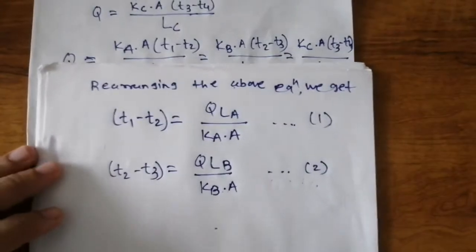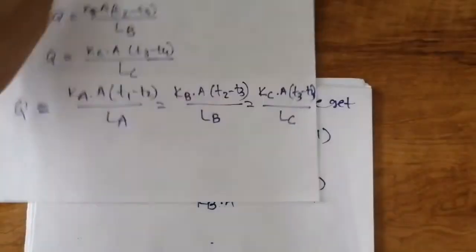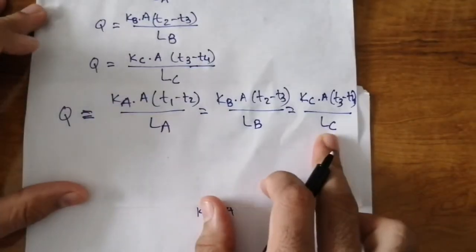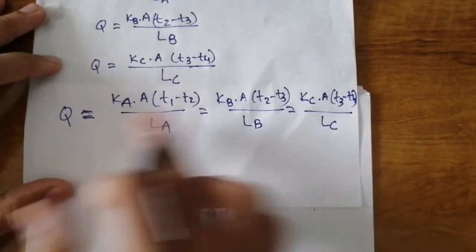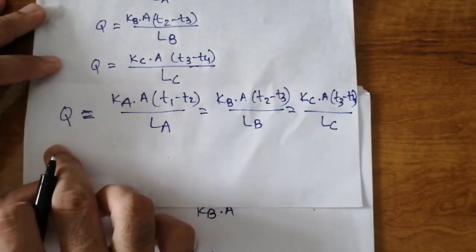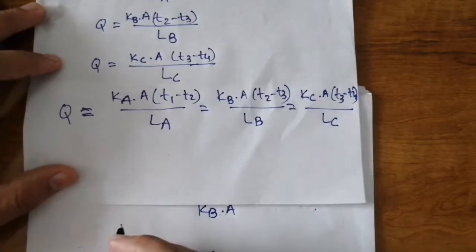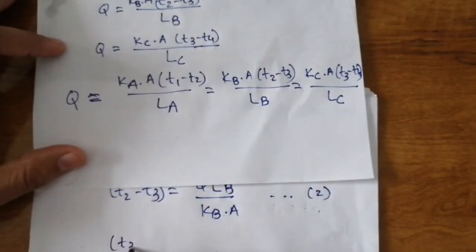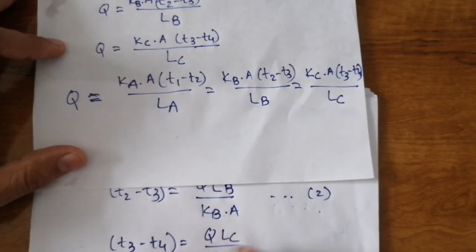Similarly for the third layer, we take Lc on this side and Kc into area on the other, so T3 minus T4 is equal to Q Lc divided by Kc into area. That is our equation number 3.